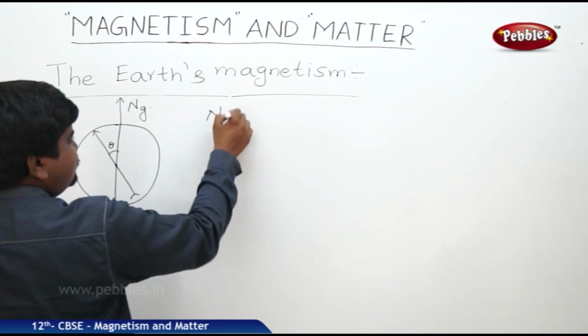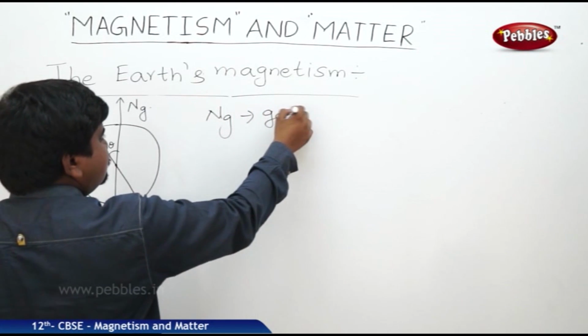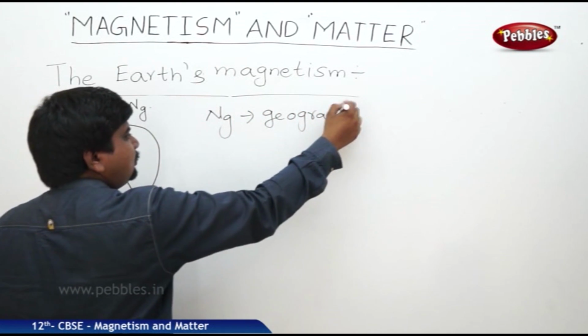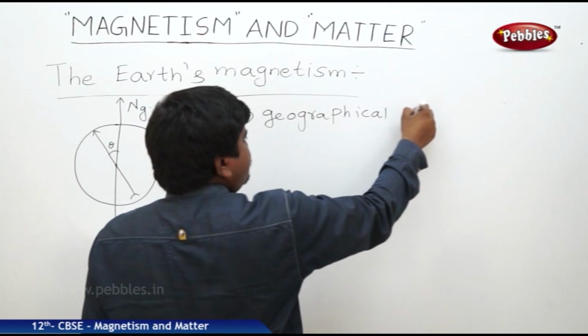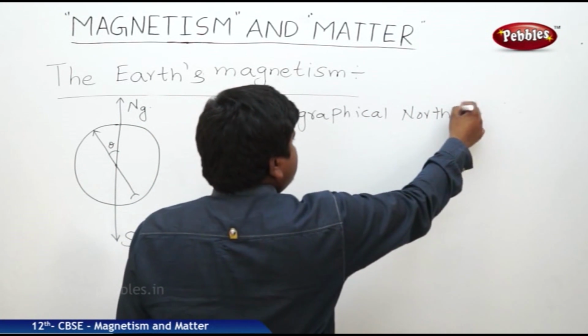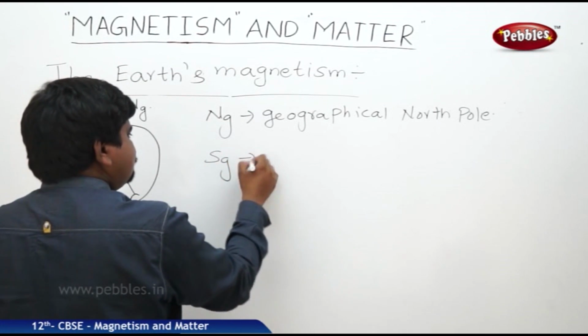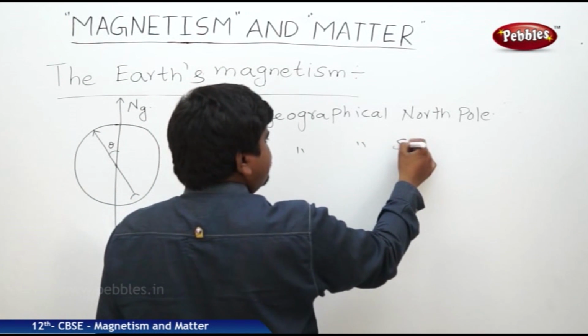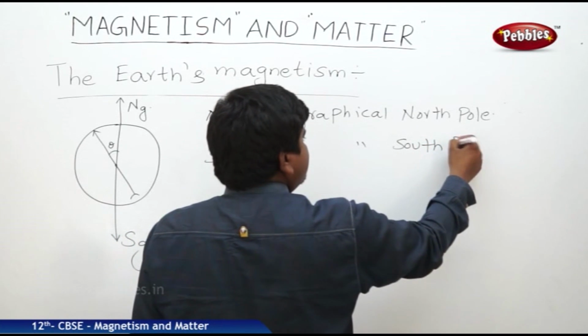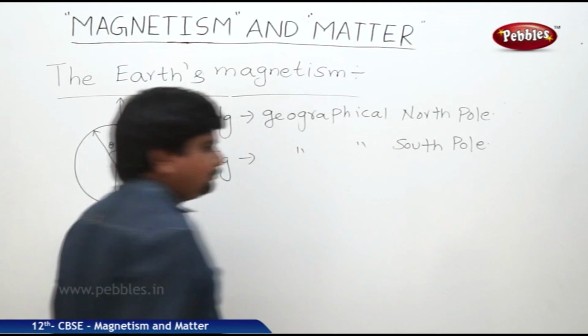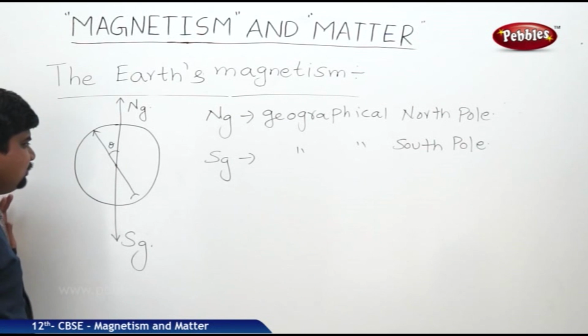So NG is equal to geographical North Pole. SG is the same, geographical South Pole. And one more thing we can discuss.